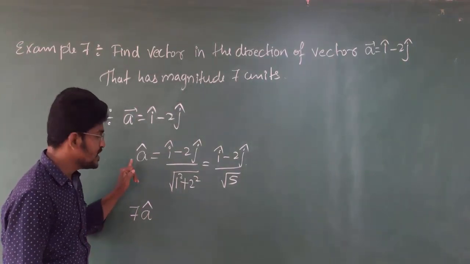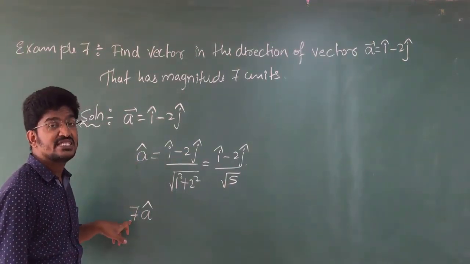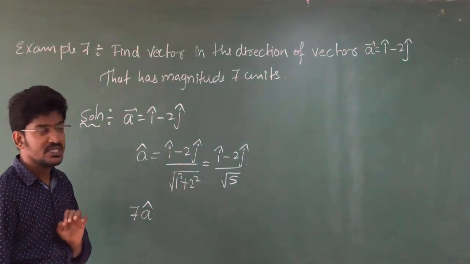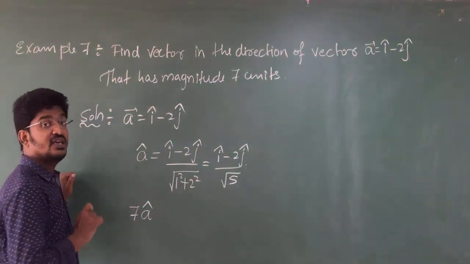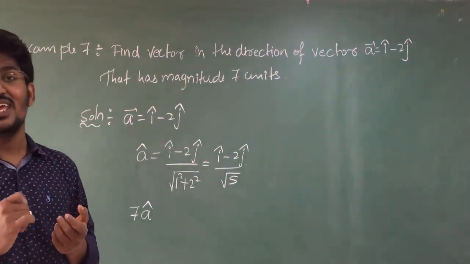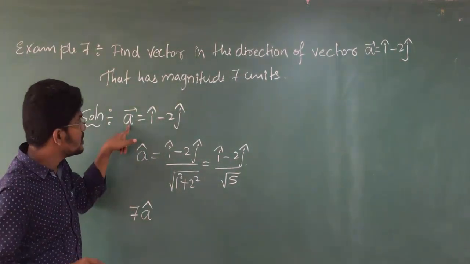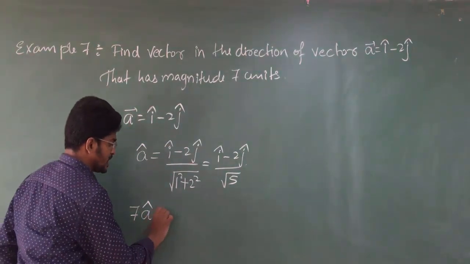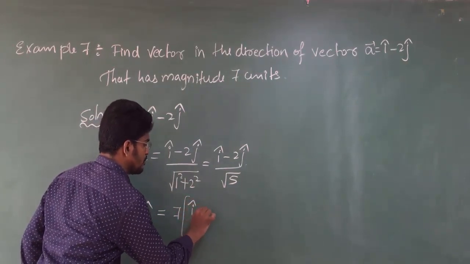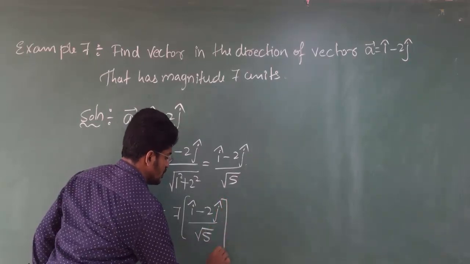See, if I multiply 7 to this A cap, the magnitude of A cap is 1. If I multiply 7 into the magnitude of A cap, 1, it will be how much? 7 units. That means 7 A cap is the new vector, having magnitude 7 units in the direction of vector A. So this will be equal to 7 times (i cap minus 2j cap) divided by root 5.